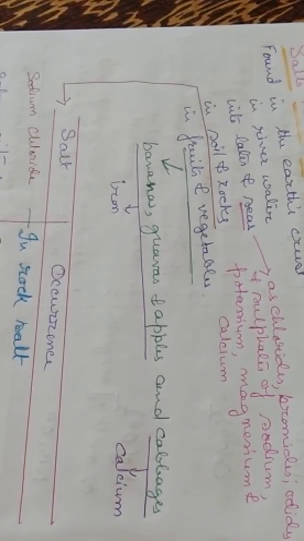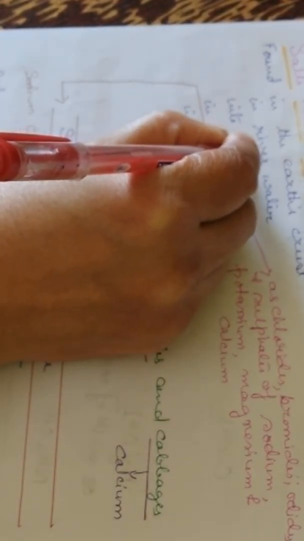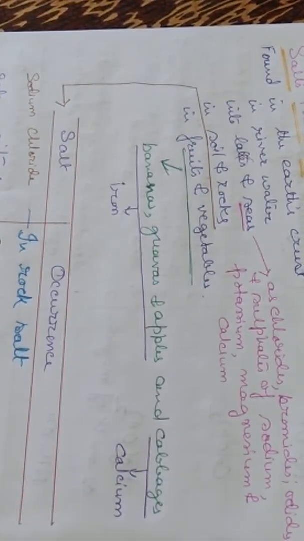Now we come to the salts which are found in nature. They are found in the earth's crust, in river water, in lakes, seas, soil and rocks. In the seas, they are found as chlorides, bromides, oxides, sulfates of sodium, potassium, magnesium, calcium.